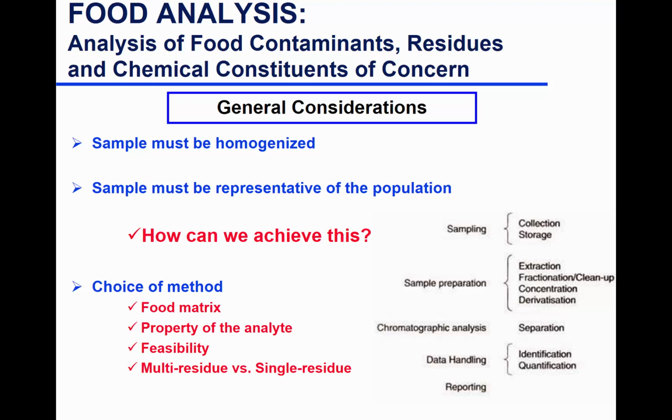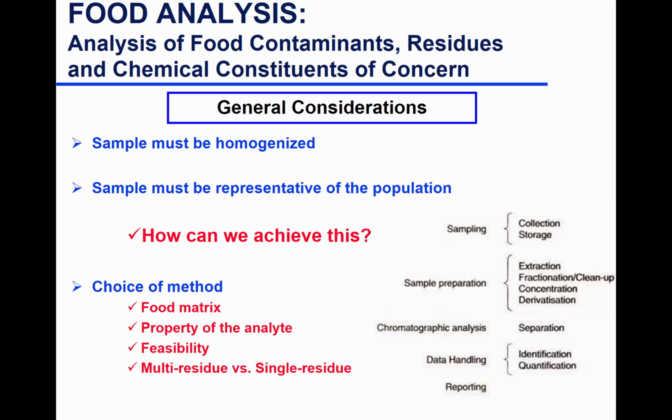So we really have to be very careful in how we take samples that are representative of the population, and how many replications is very important. Otherwise, we're going to miss detection, and we're going to accept the products although they might be contaminated. So it's a very critical step. Sampling is very critical in this case.